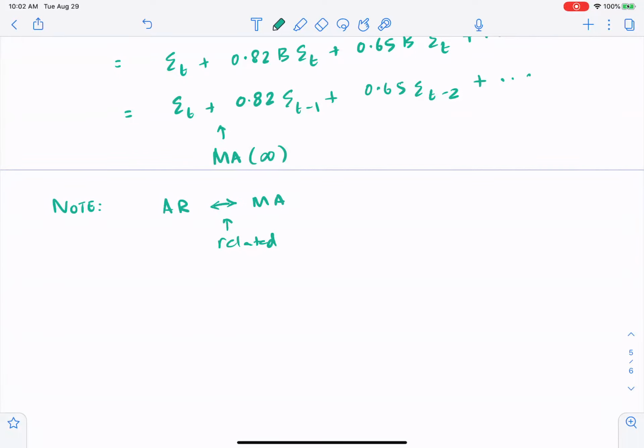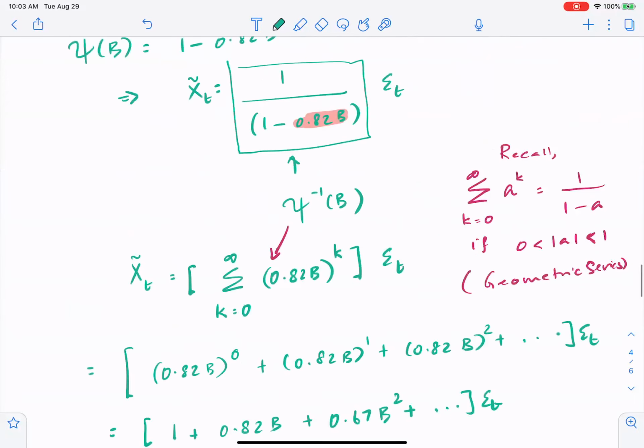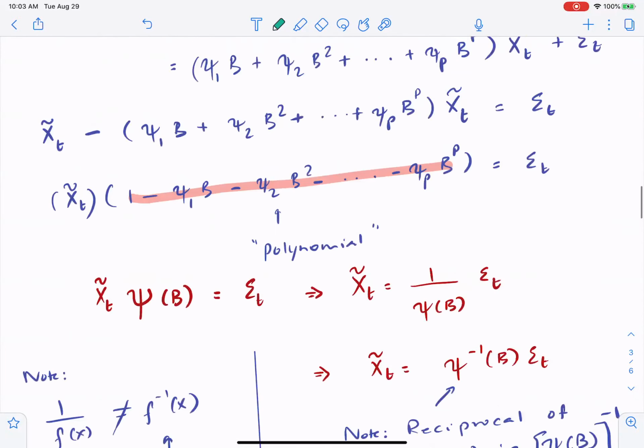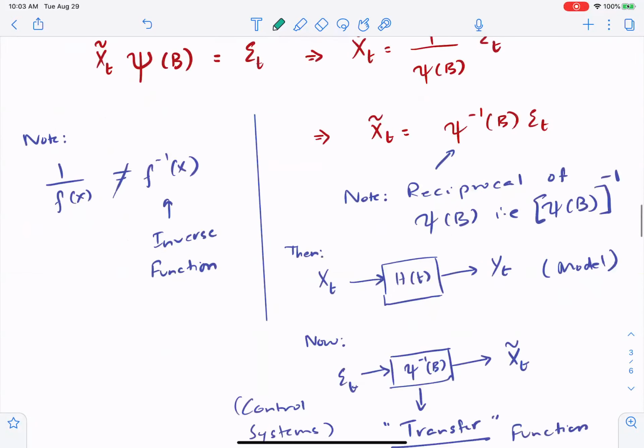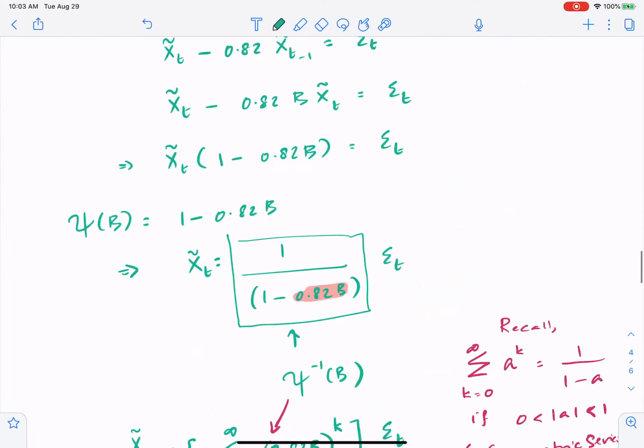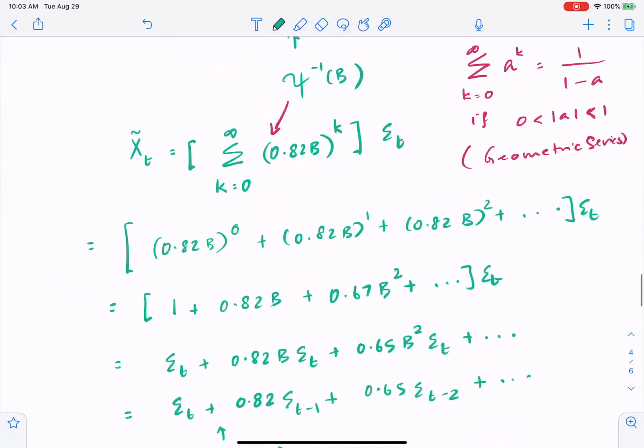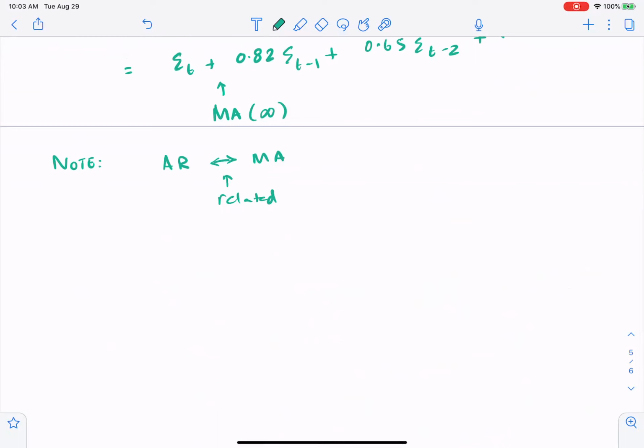So I took an AR(1) model, right here, and wrote it as an MA infinity model. So in this case, AR(1) became MA infinity. That's a good place to stop for today.